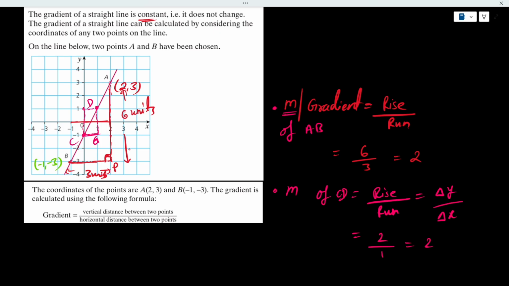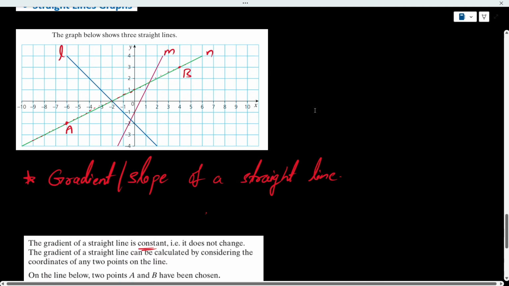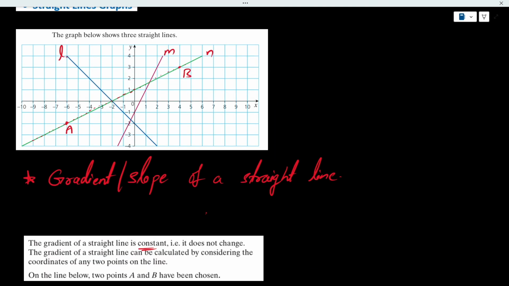So here one thing you have to remember, what will happen if I take the above example, line L. So what is going to be the slope of line L here? So take any 2 points. If I take this point as P and this point as Q, so how to find out the gradient of PQ?